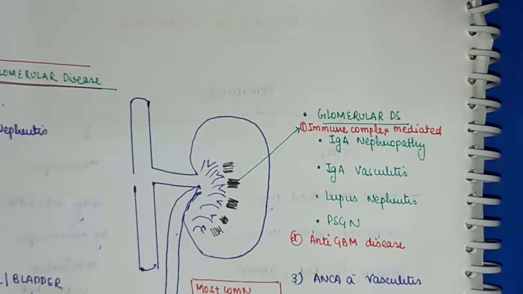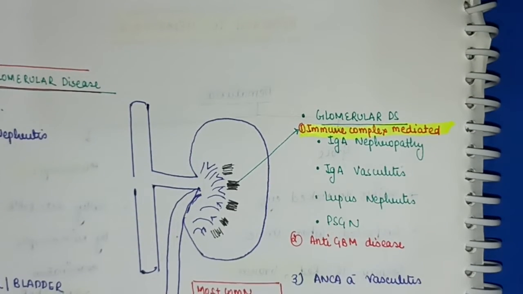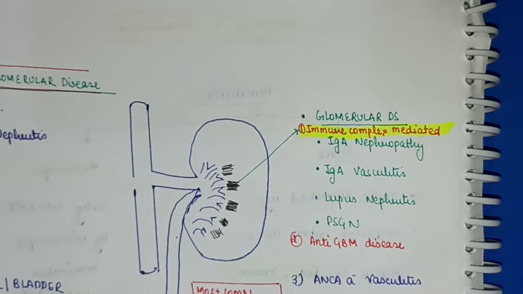In glomerular causes, hematuria can be immune complex mediated. There are many autoimmune conditions that involve the kidneys and result in hematuria, like IgA nephropathy, IgA vasculitis, lupus nephritis, and post streptococcal glomerulonephritis.